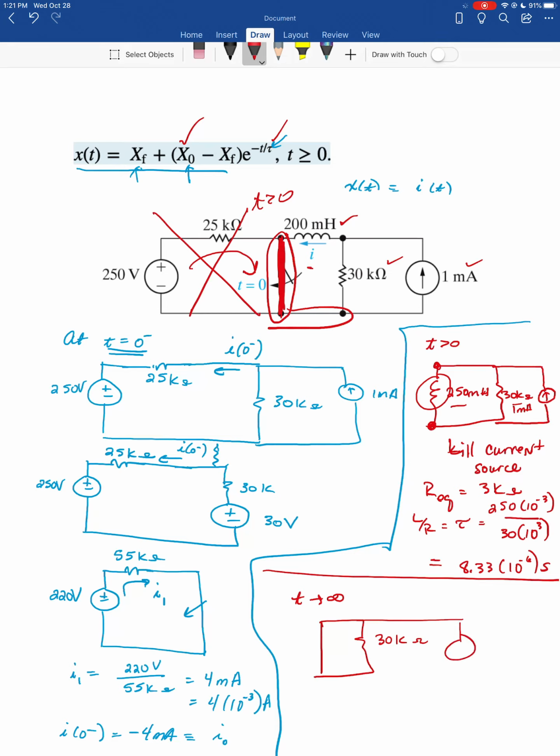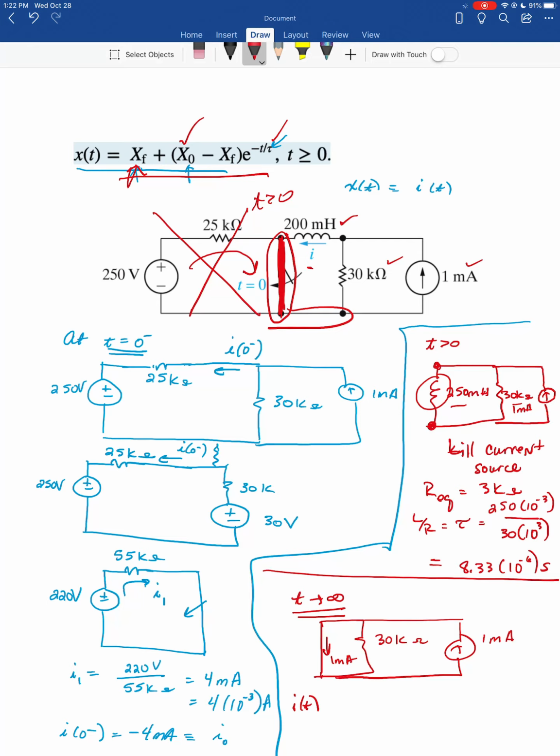The 30 kilo ohm resistor is still there because we're still in the circuit for t greater than 0. My 1 milliamp source is still there. But the inductor now looks like a short, which means that the entire 1 milliamp of current will go through the inductor. So that would be our I final.